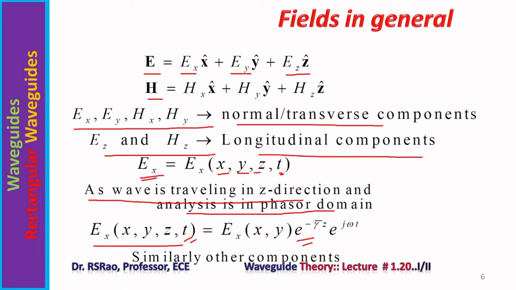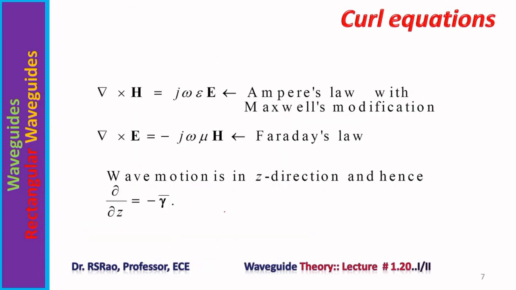Time dependence: we are doing analysis in the phasor domain, which means time variations are assumed to be sinusoidal. Therefore, time variations can be replaced by e power j omega t. Ultimately, we are left with Ex dependent upon x and y. Actually, we now require to find the dependence of E over x and y. This kind of expression can be done for other components too.